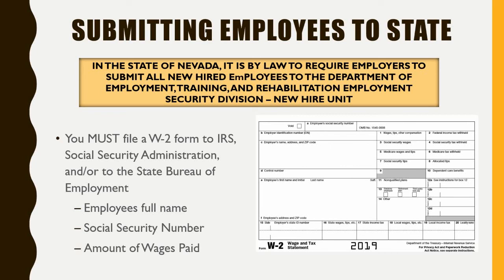You must file a W-2 form to let the state know that your company has employees, so they can count how much money is supposed to be collected from them and so on. They keep a really good track record, basically keeping track of the individual's taxes as well as the company's taxes.